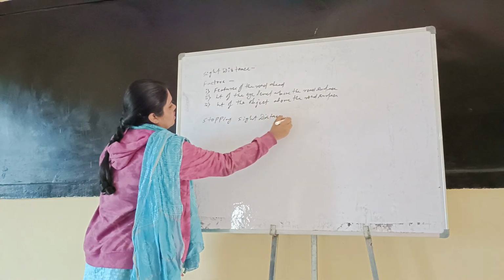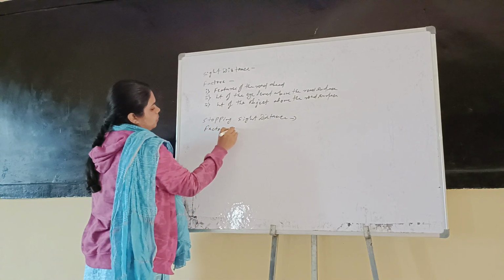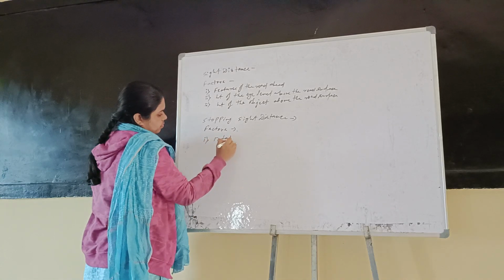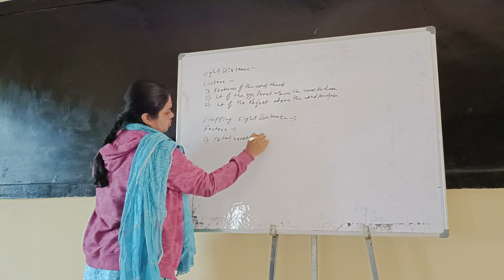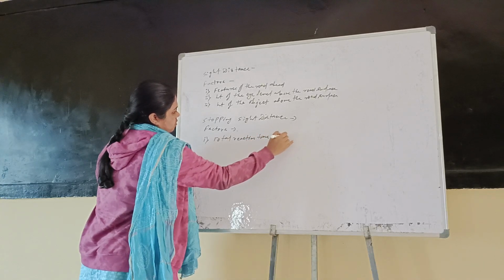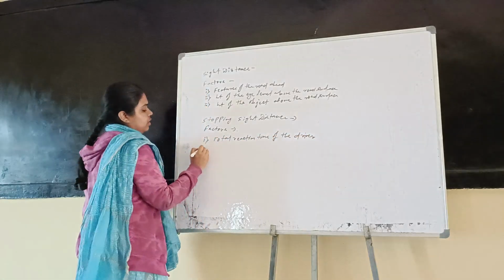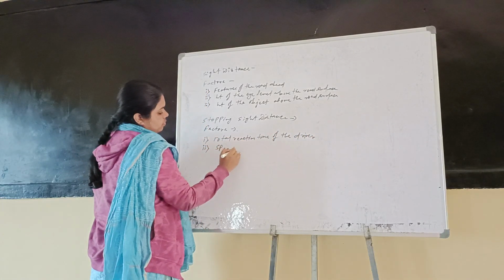So the factors for stopping sight distance are, first, the total reaction time of the driver. Second, the speed of the vehicle.